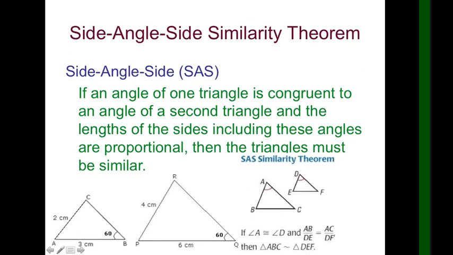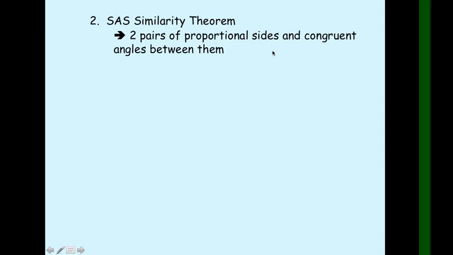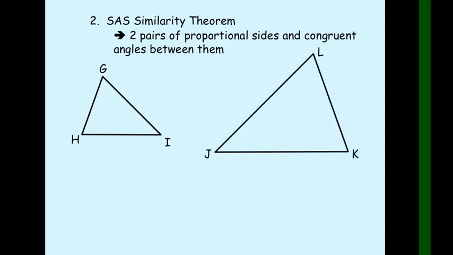To prove this and to understand about side angle side similarity theorem, magbigay tayo ng example ngayon. So, SAS similarity theorem, two pairs of proportional sides and congruent angles between them. So, this is triangle GHI and triangle JKL.